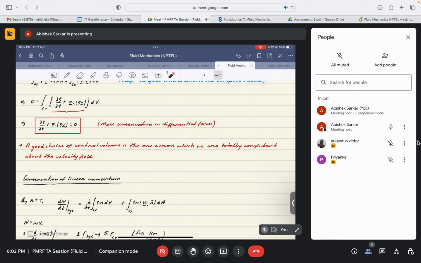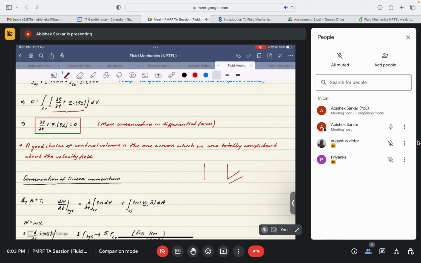I guess sir would have taken an example where there was a container which had two arms, where one was inlet and one was outlet, and sir also showed that if you chose a control volume in a separate way, I guess I have it in my notes. I don't have it right now, but I guess he had taken an example of this form, say, right?